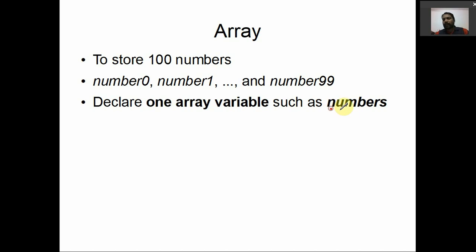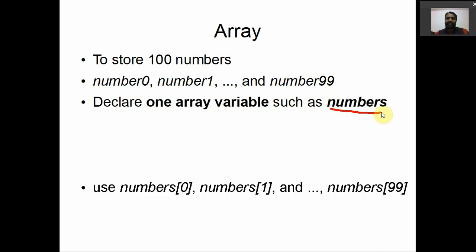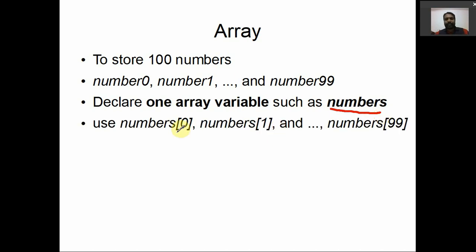Here we have given numbers, so you can declare a single variable and access each element using indexes: numbers[0], numbers[1], numbers[2], numbers[3], like that up to numbers[99]. You can access the elements, or store values into them, using the indexes.